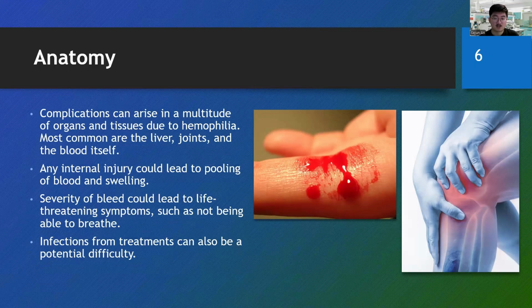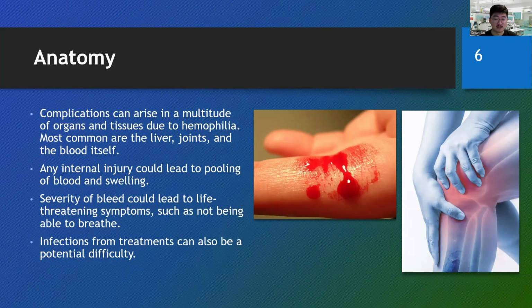The physical complications that can arise from hemophilia affect a wide variety of organs and tissues. Commonly affected sites are the liver, load-bearing joints like the knees, as well as the blood itself being at risk. Any injury could lead to bleeding out, as well as internal injuries leading to pooling of blood and swelling of body parts.